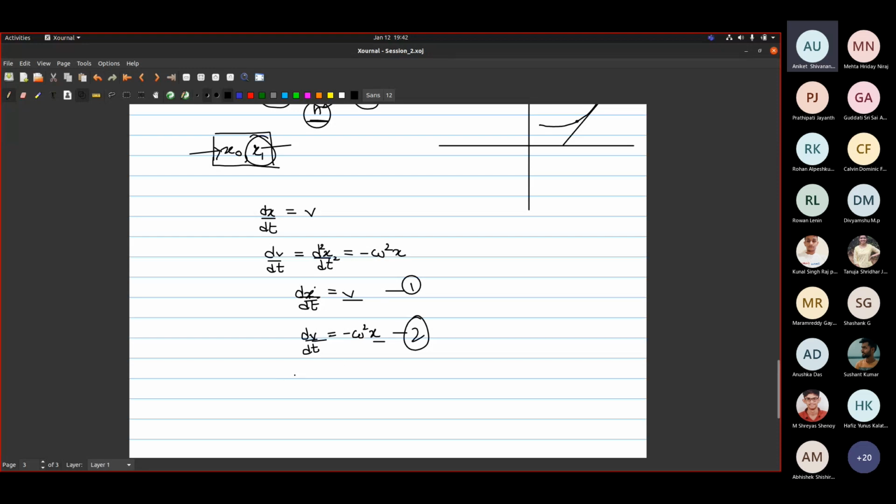How do I do that? I can discretize the first equation to be like this, and the second equation to be something like this.